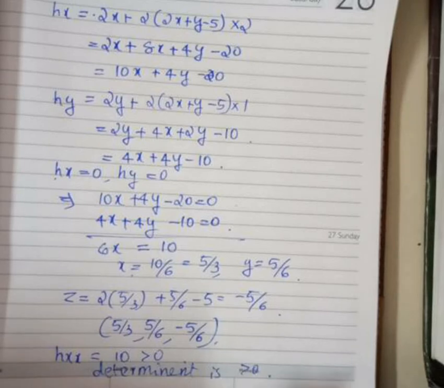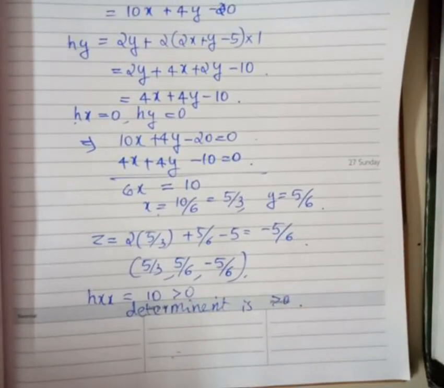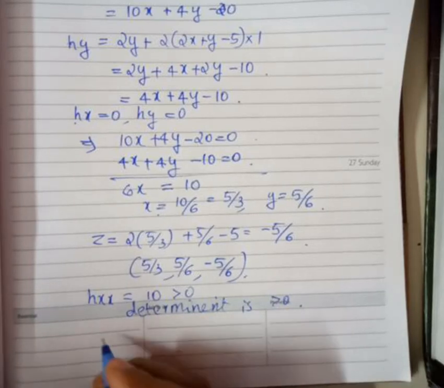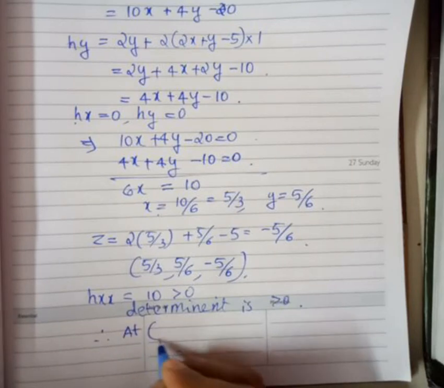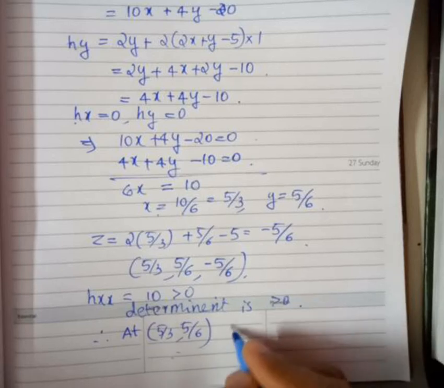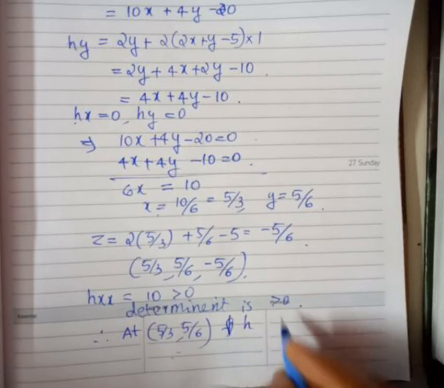So at 5 by 3, 5 by 6, h has a minimum value.